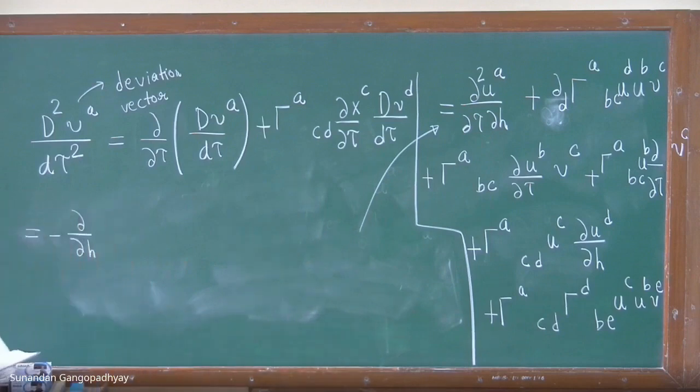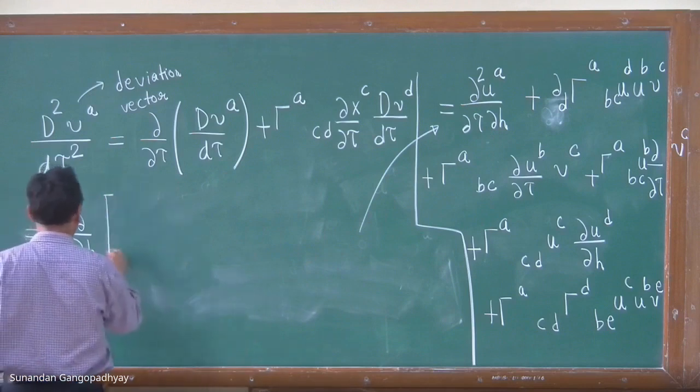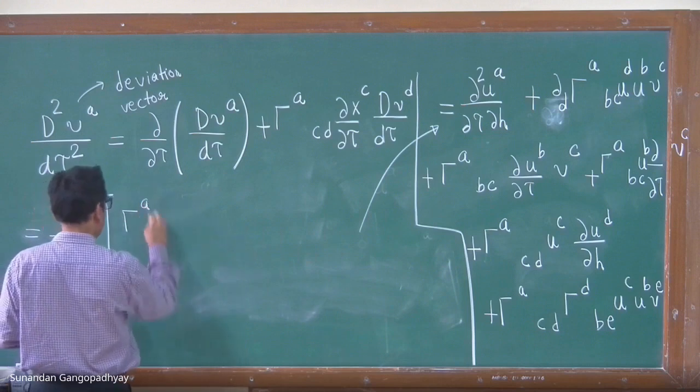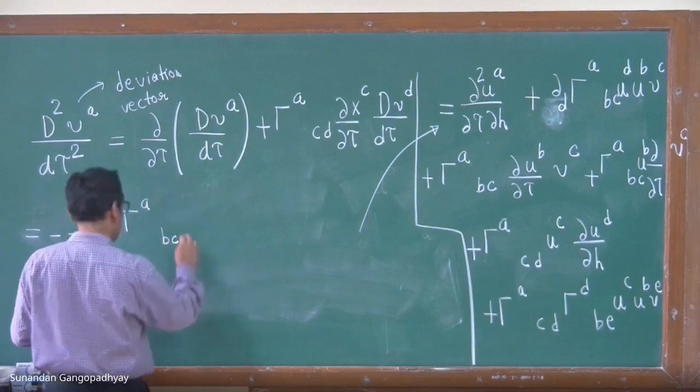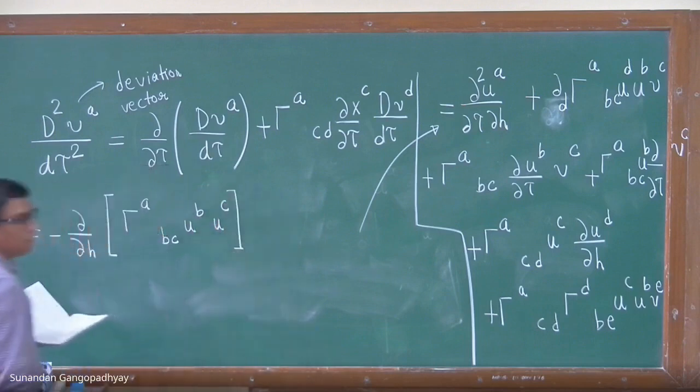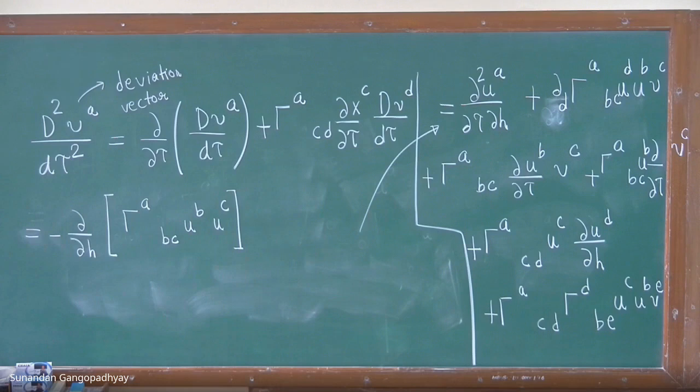You have the geodesic equation written in terms of UA. So del UA del tau is nothing but minus gamma A B C UB UC. So in this line we have used the geodesic equation. Can you see? Is it clear?